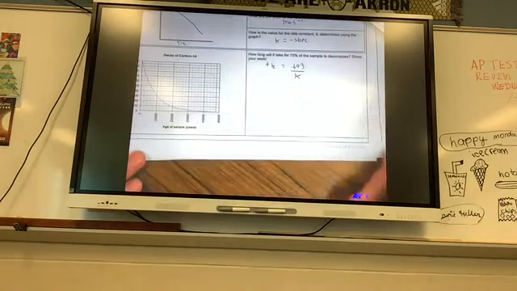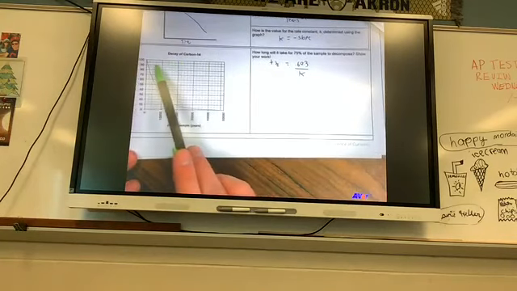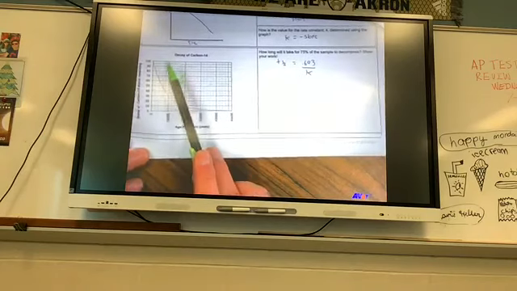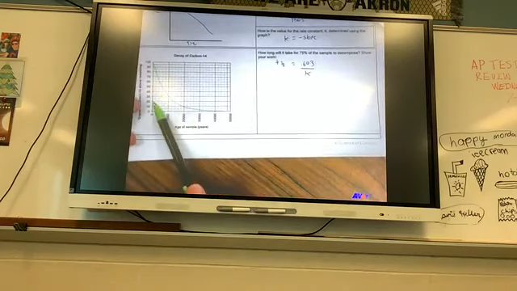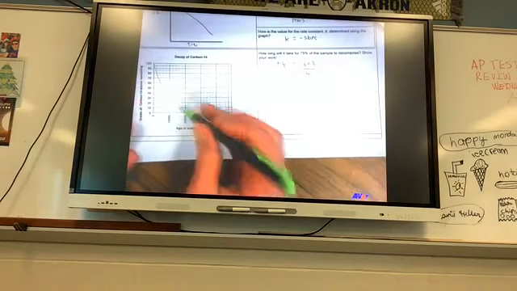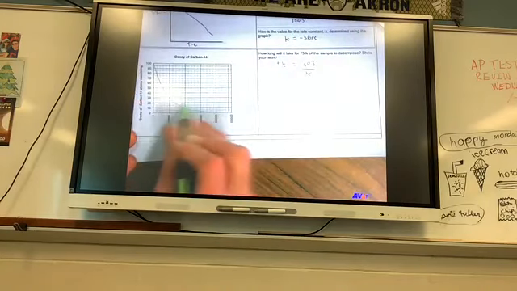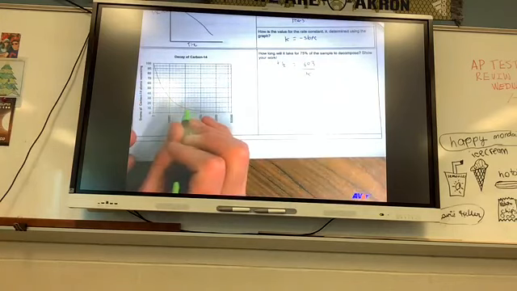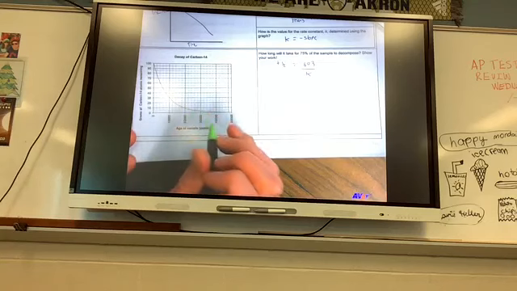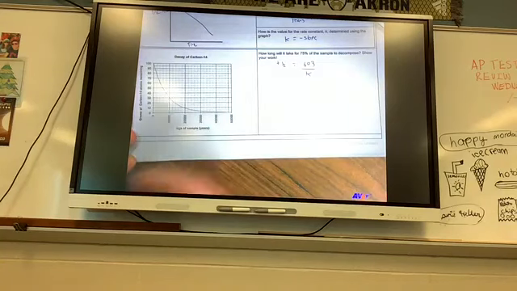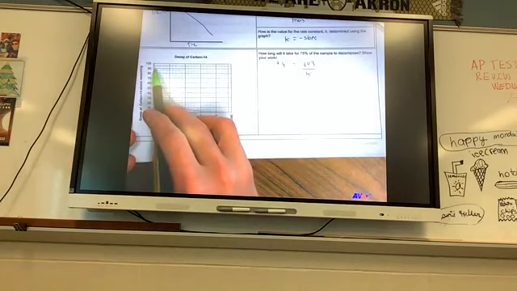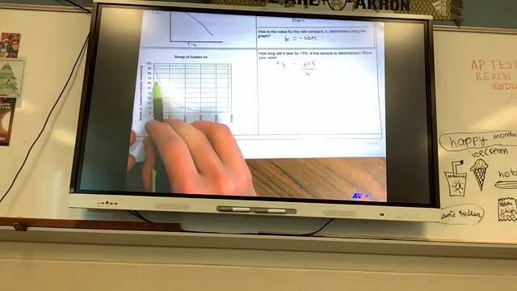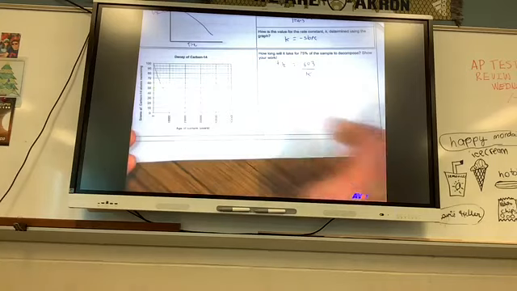Well, I started here, grams remaining, so is that 100? So there's 25 remaining. I don't know. 25 grams. I have 100. How long will it take for 75% of the sample to decompose? Well, first of all, what's my half-life?